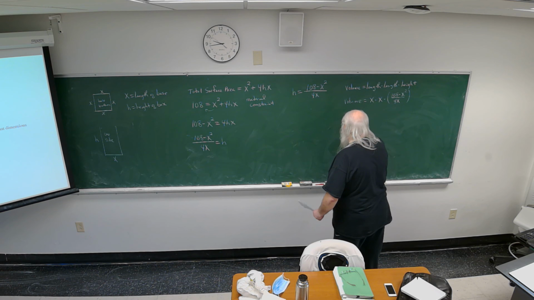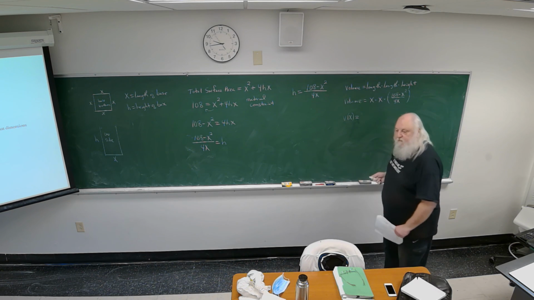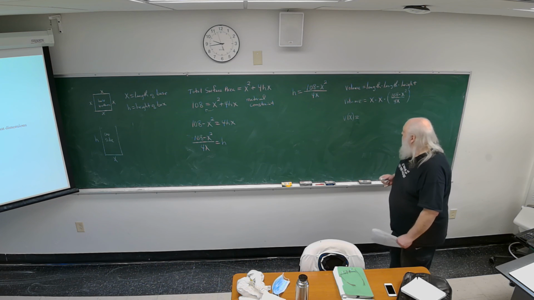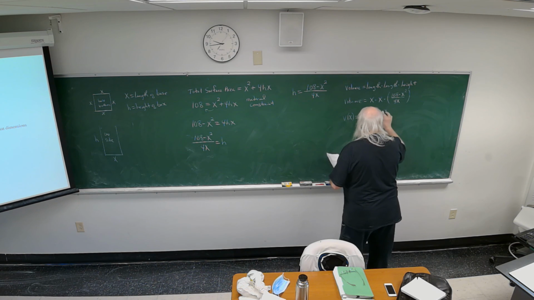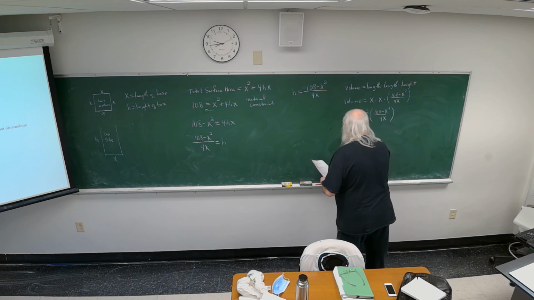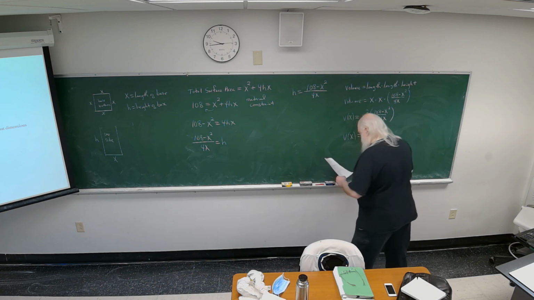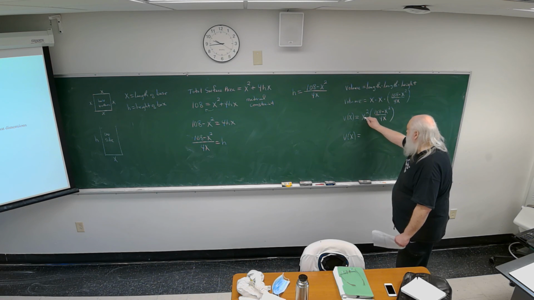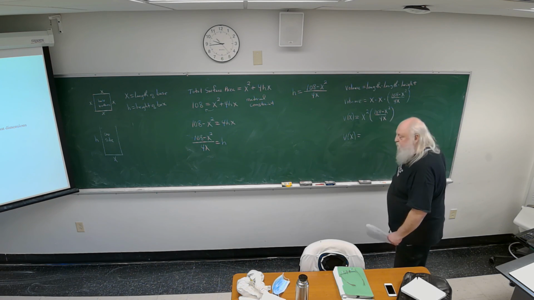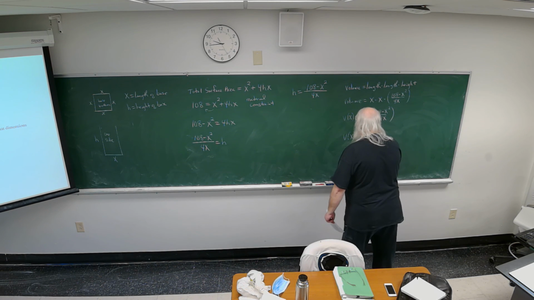So we can use V of x or f of x. Sometimes you use V for volume, but we did in the earlier problem. And so the volume is x squared times 108 minus x squared over 4x. I can write this as x squared over 1, and when I multiply those two, I have x squared times 108 minus x squared over 4x.